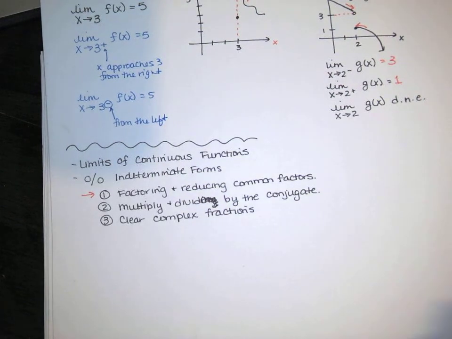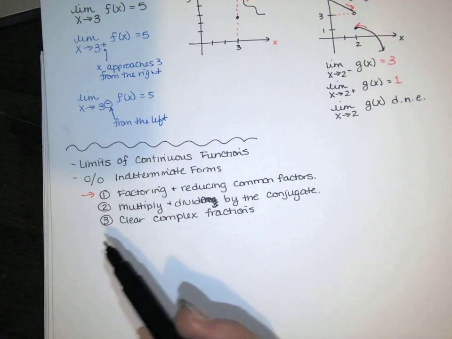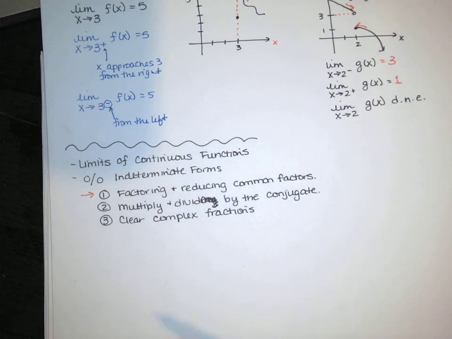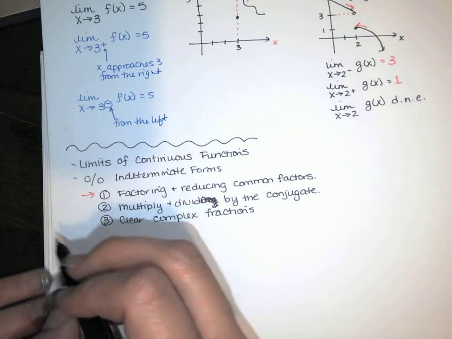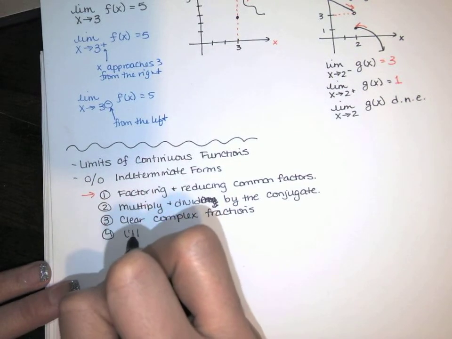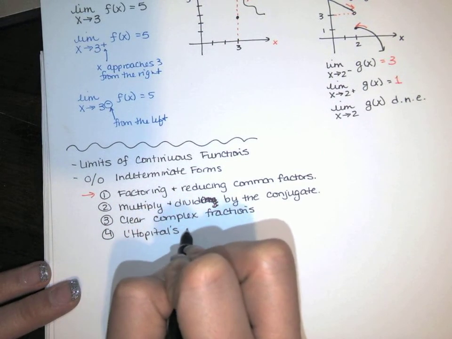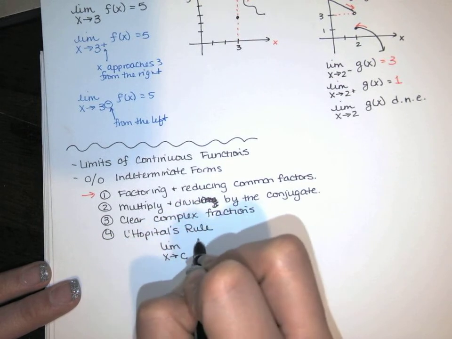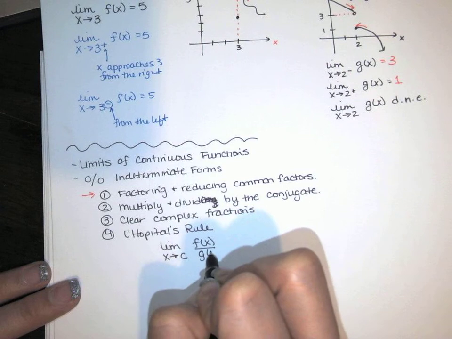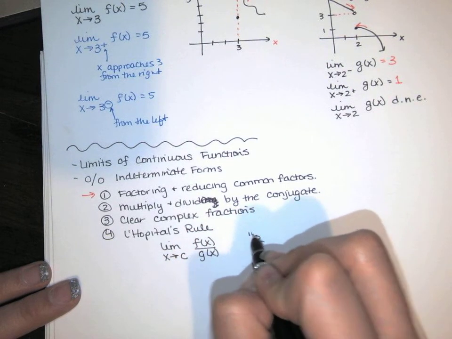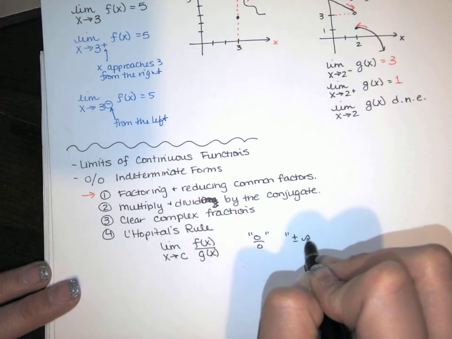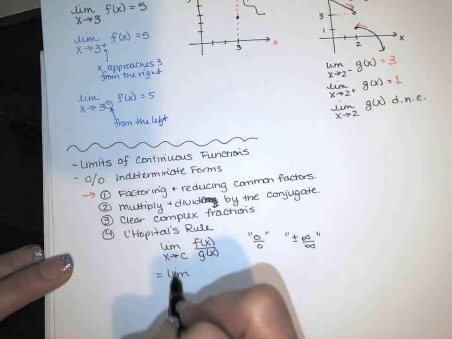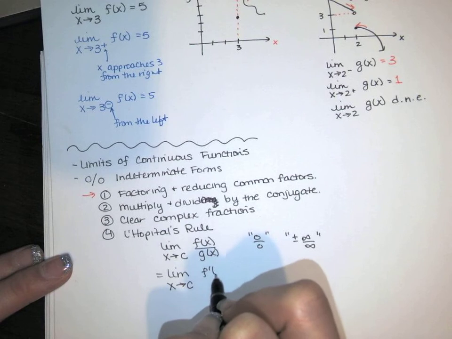But also remember, as you learned more calculus, after you learned about limits, later you learned about derivatives, and then you learned L'Hopital's rule. If you have a 0 over 0 indeterminate form, L'Hopital's rule is an option for you as well. That says if the limit as x approaches c of some quotient of two functions gives you a 0 over 0 indeterminate form, or a plus or minus infinity over infinity indeterminate form, you get to say that limit is the same as this limit.